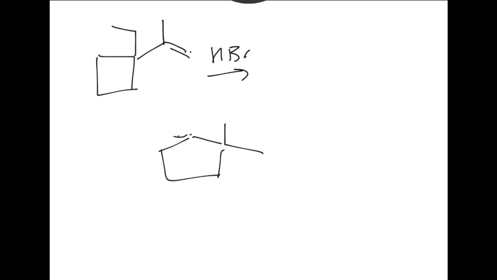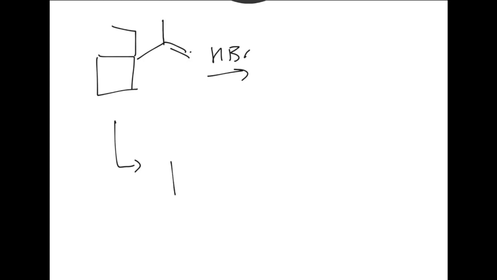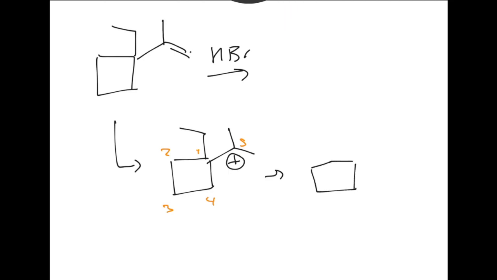Let me draw out more stuff so I'm not losing everyone. So I get to here, and this is an important example to talk about, in that I am trading a tertiary carbocation for a tertiary carbocation.